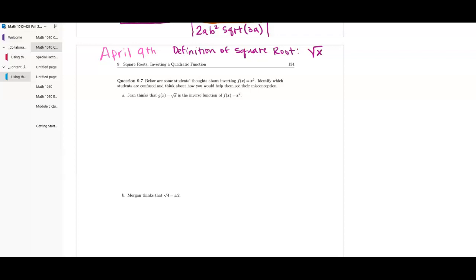But when I'm looking at something like this, it says the square root of x is the non-negative number whose square is x.